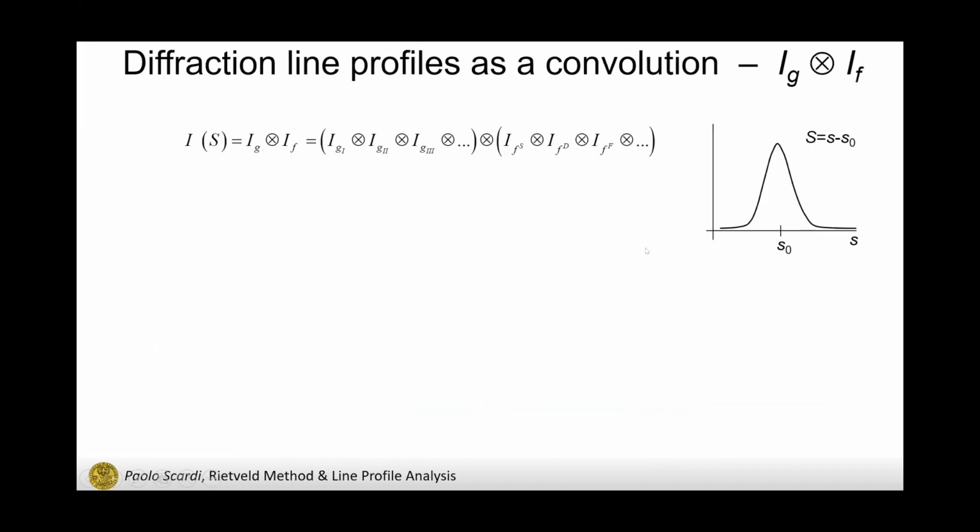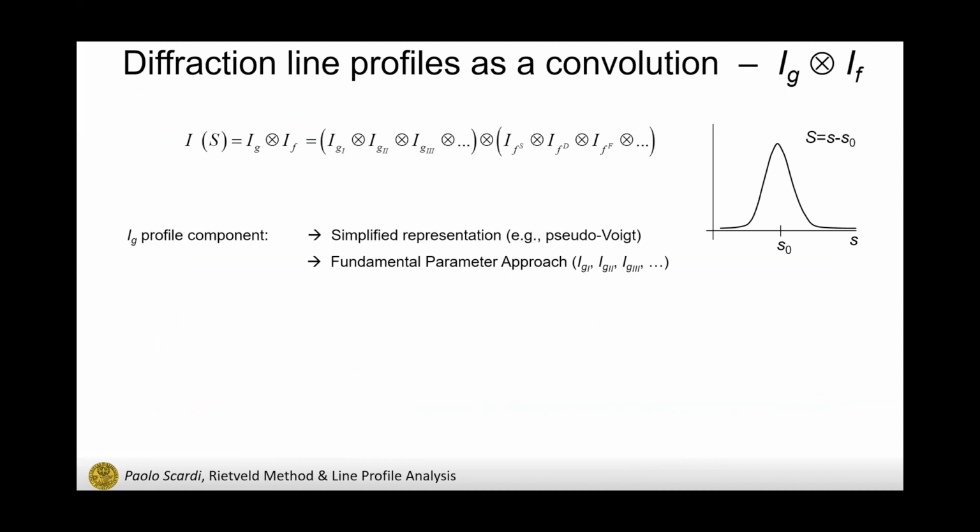Now, returning to the convolution approach, we have seen how it is possible to represent the G profile with a simplified approach or using the fundamental parameter approach. As I said, with some software like Topas, you can freely choose which one you want to use.